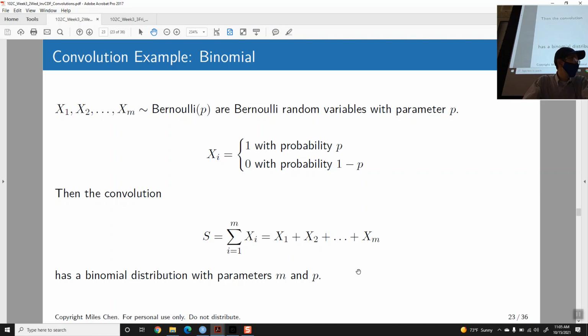Each of them becomes 1 with probability p, 0 with probability 1 minus p, and the sum of those, which is how many successes you observed in m trials, is going to be a binomial random variable. So we say the convolution, the sum of these individual Bernoullis, is a binomial distribution with parameters m for the size and p for the probability. That's simple and straightforward, right?